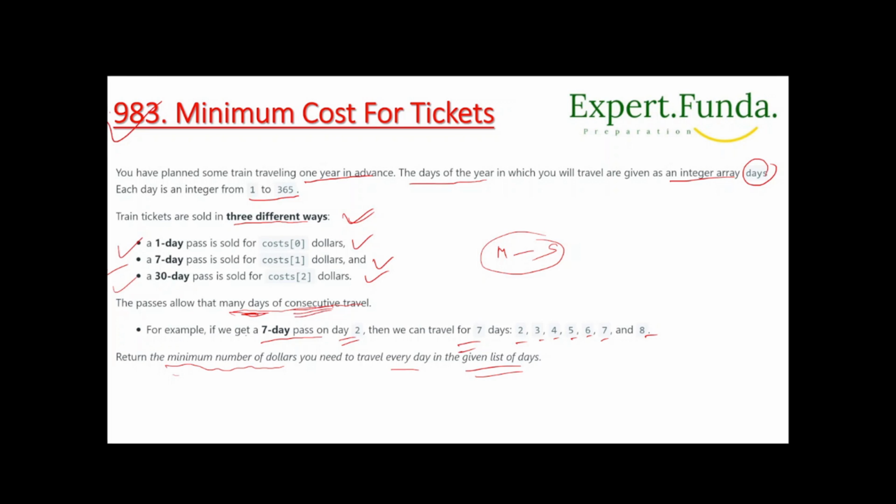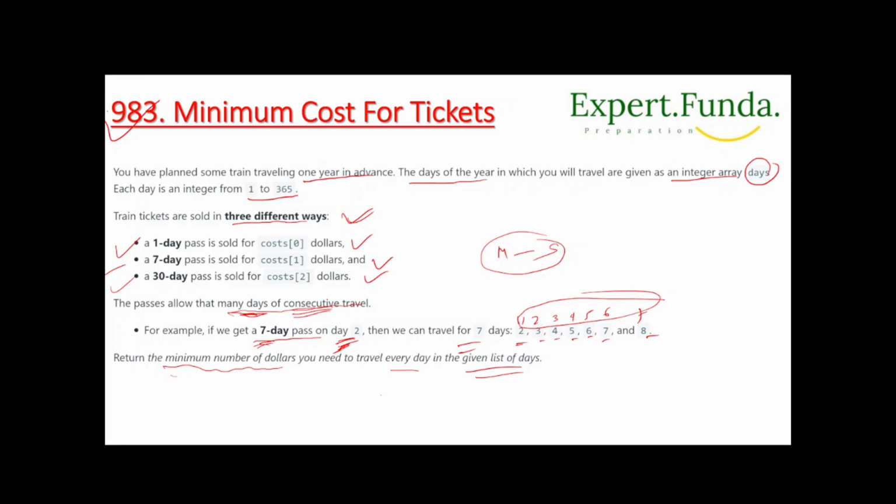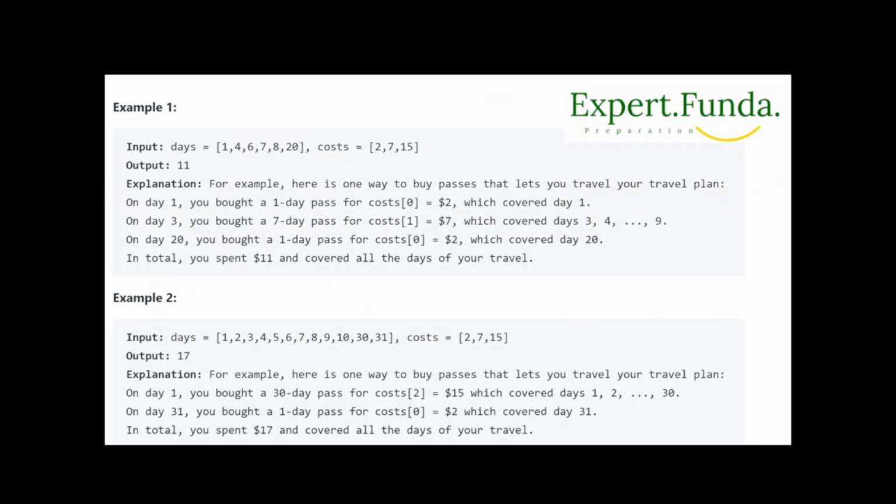It means if we get a 7 day pass on day 2, then from day 2 you travel, and plus 7 days, 1 2 3 4 5 6 7, a total of 7 days from day 2. And we have to return the minimum number of dollars that you need to travel every day in the given list. I think you have understood. If not, let's continue understanding.